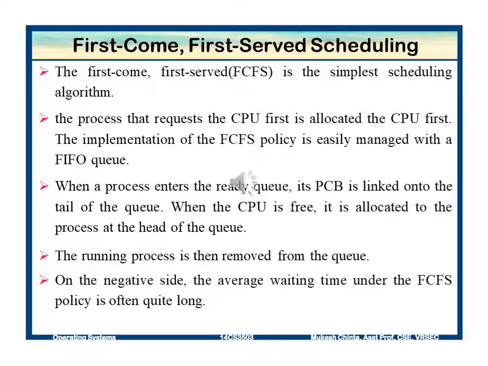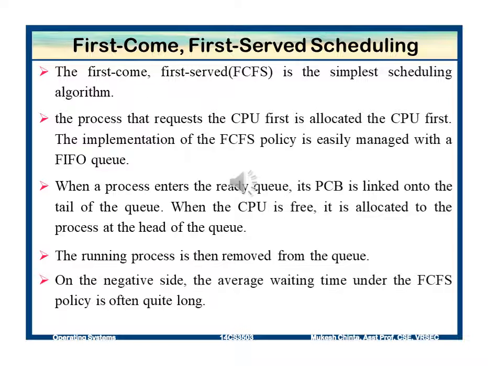The first come first serve algorithm, FCFS scheduling, is the type of algorithm in which the process that requests the CPU first is allocated the CPU first. In FCFS scheduling, processes are scheduled in the order they are received. The FCFS algorithm is easily implemented by using a queue data structure for the ready queue.